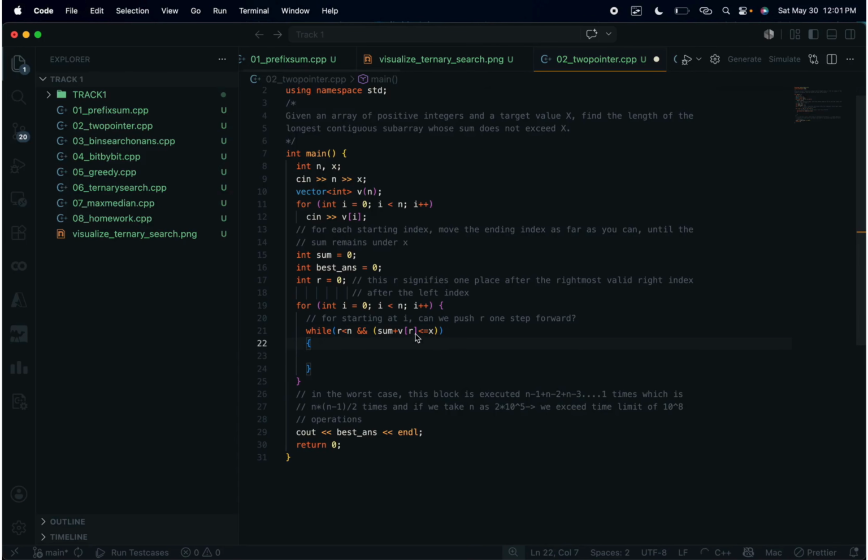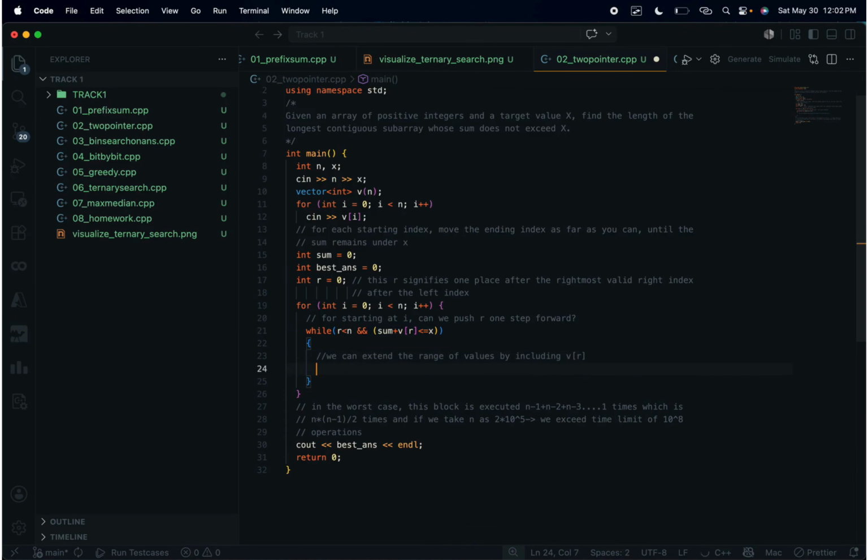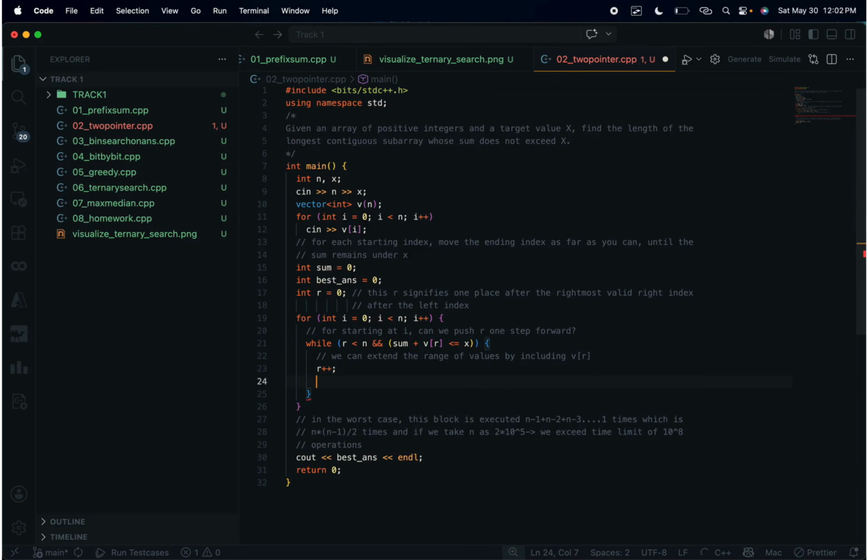If adding v of R to our sum permits us to stay under the limit, then we can extend the range of values by including v of R. Remember that R was one place after the end of the window. That means v of R is not in the window originally, but once we perform this check, asking, hey, if I add v of R, how much will the sum be? And if that sum stays under the limit, then we can increment R, and say that this is our new window.